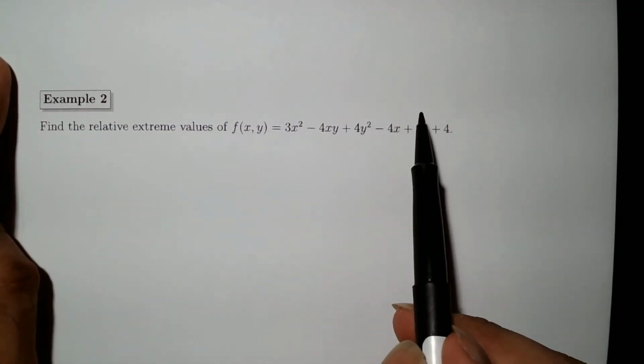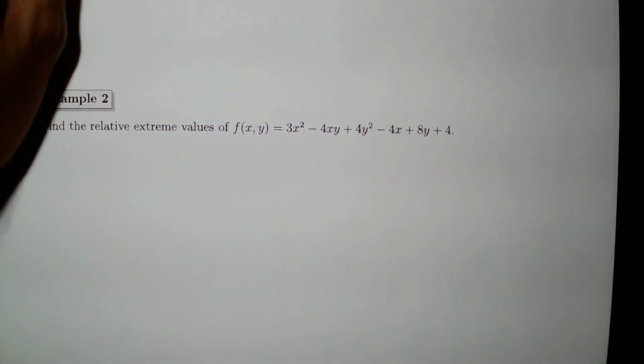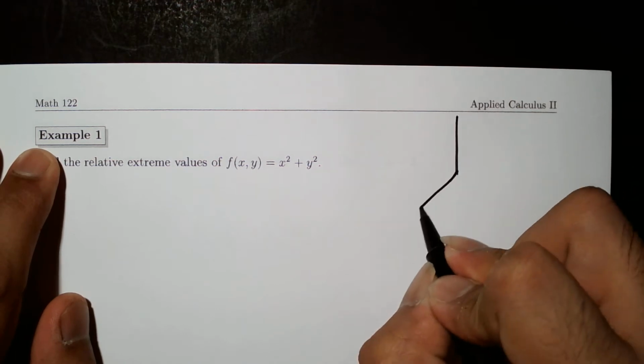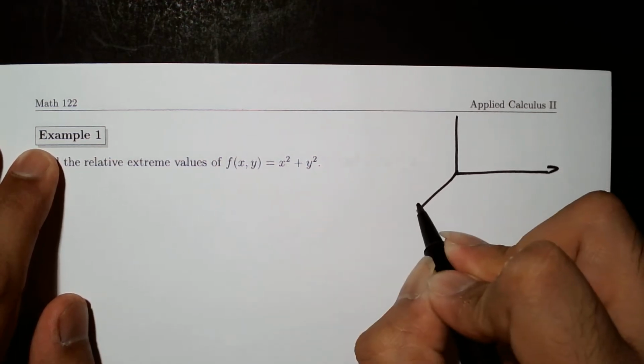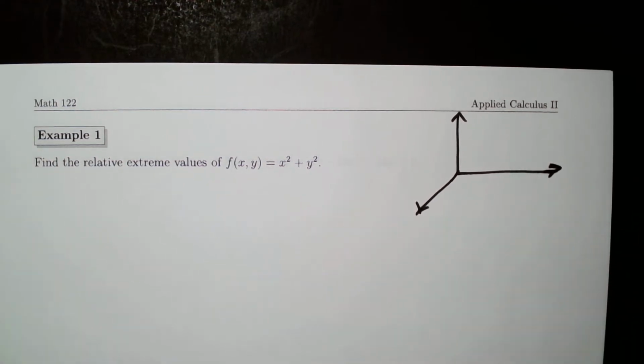For functions like example 2, there's no way we can get a graph of it. But for this one, I'm going to draw in 3D. You don't have to do this for every single problem. I'm doing this just so I can predict what I'm going to obtain.